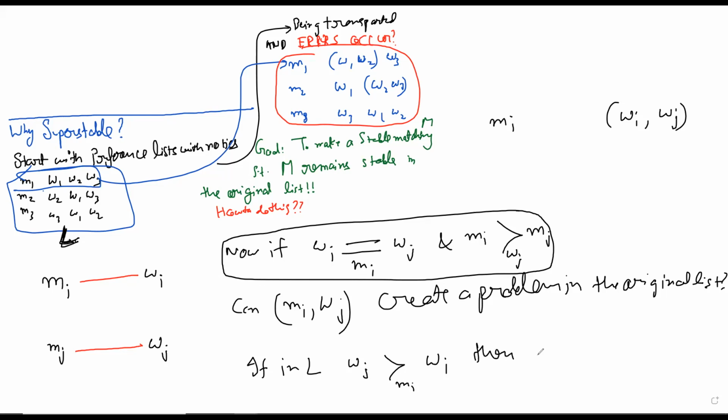Then it's unstable. It's unstable with respect to the original list. This matching will not remain stable. So that's why in this situation of tied lists, we need harsher conditions.